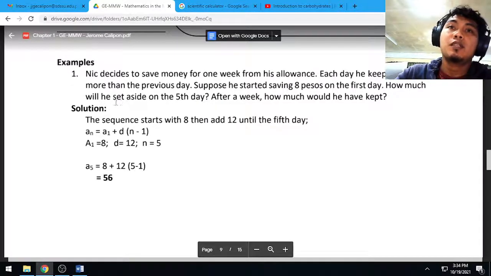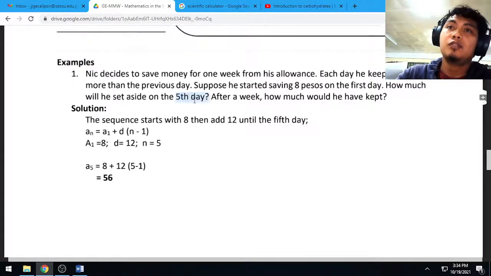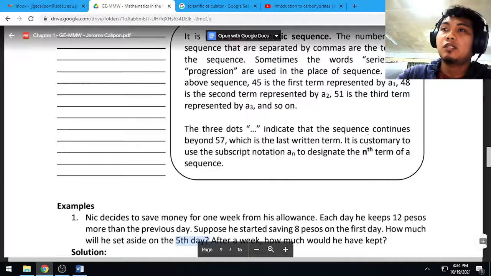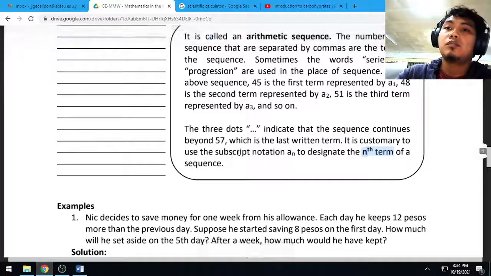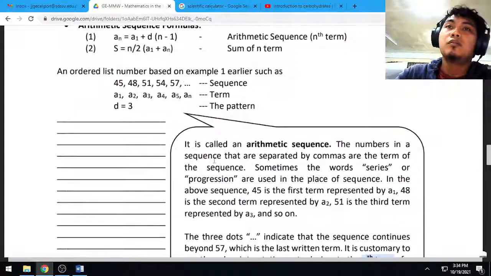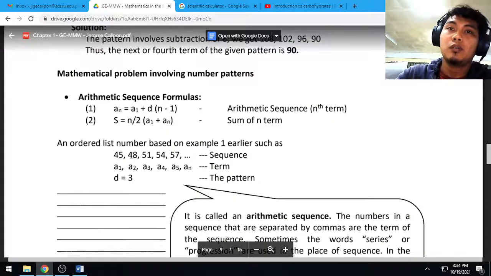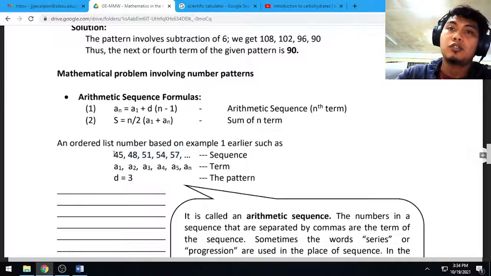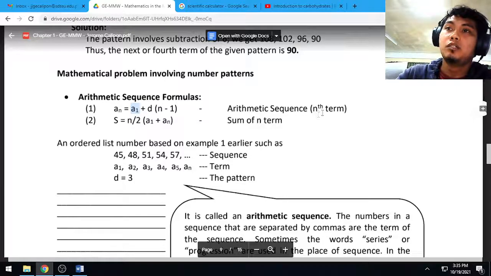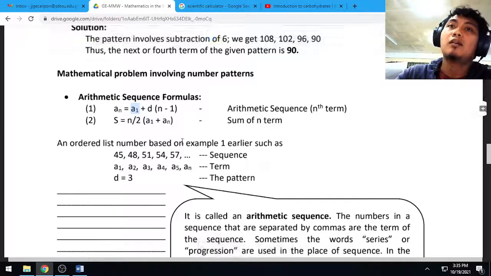How much will he set aside on the 5th day? Ito yung nth term na sinasabi. Ang given lang, unang term, assuming ito yung 8, so, A1. Yun ang hinihingi is yung nth term. Pang ilan? Pang 5.